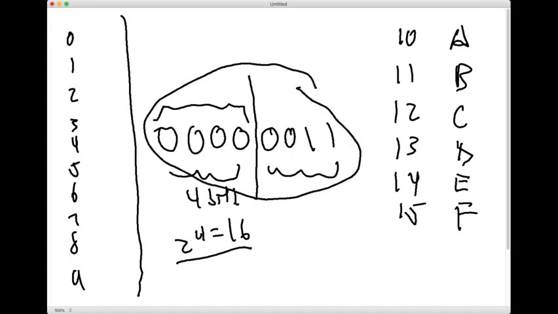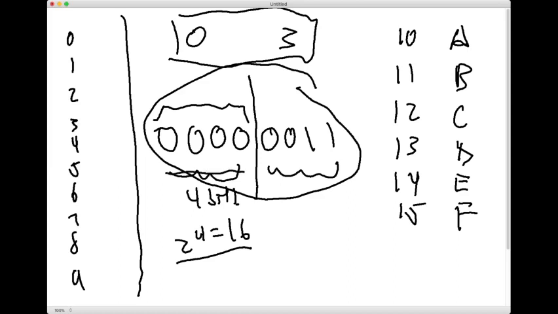Well, instead of writing all 8 bits, we can represent this as 0 and 3. So this gets reduced to just 2 characters, because by using a base 16 numbering system, we can use a single character from 0 to F to represent any one of the 16 values represented by 4 bits. And if we combine these two, then we have a byte.